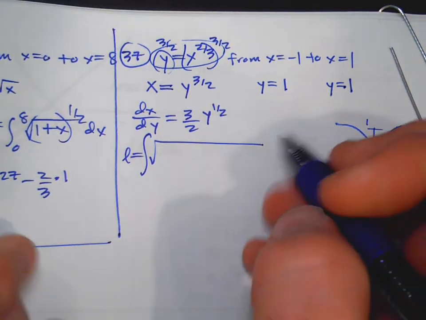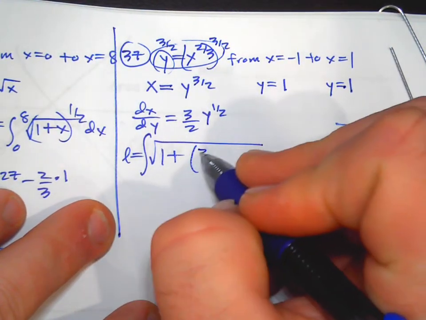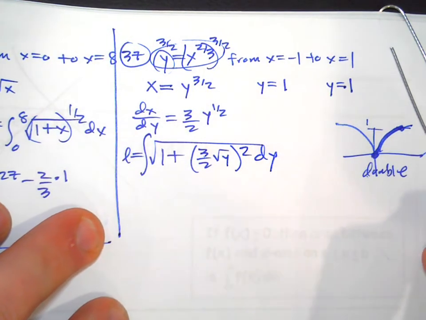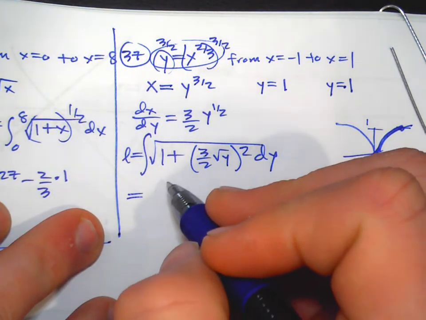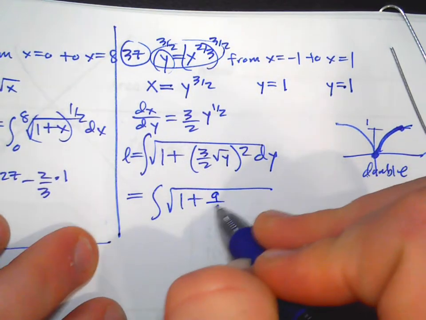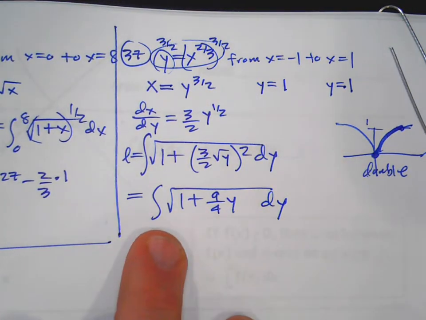So I think we'll do, okay, square root of 1 plus (3 halves square root of y) squared dy, and let's see, that's looking like some of the options there: 9/4 y dy. So they all have this in them.